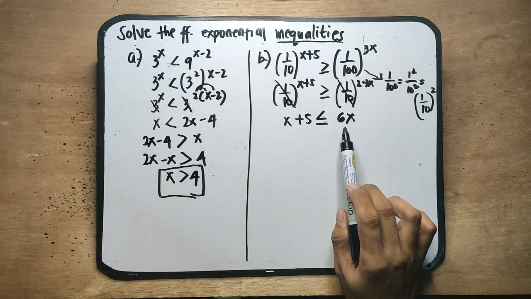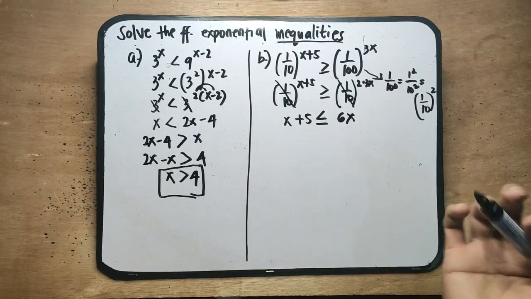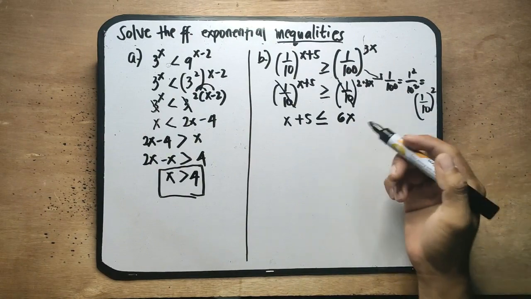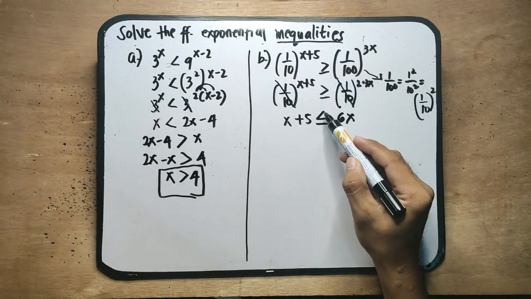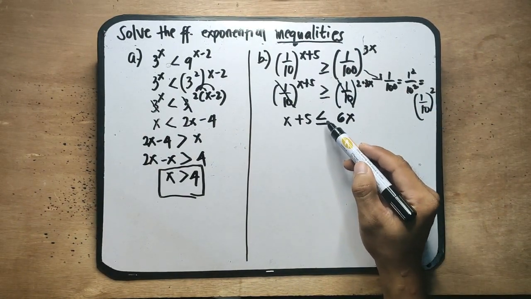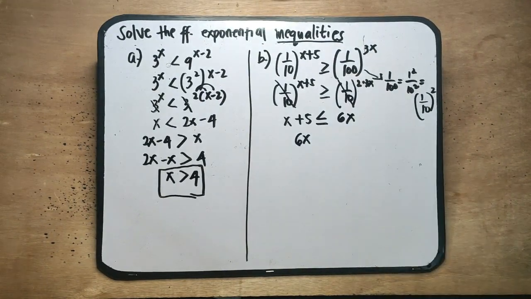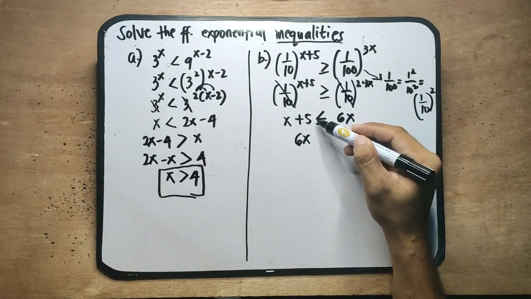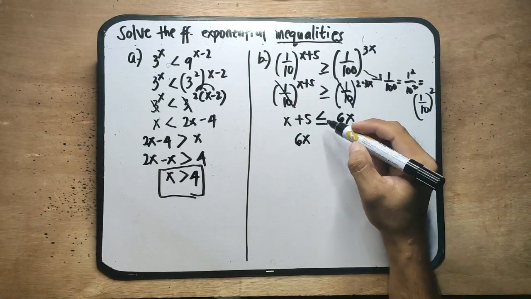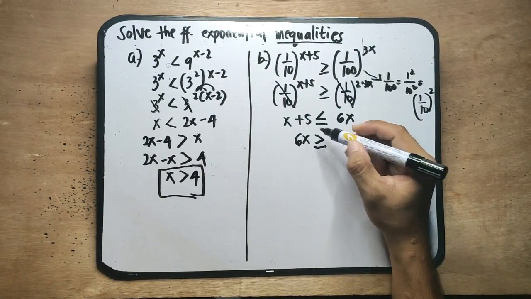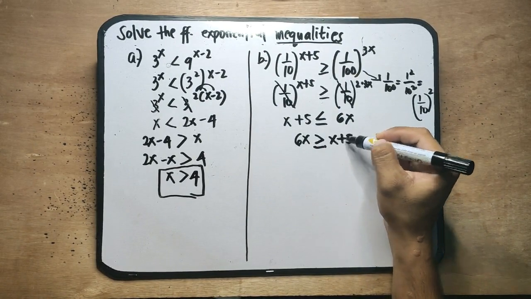Since mas malaki yung numerical coefficient ni x doon sa right hand side, we can swap their positions, and then baliktadin din yung inequality symbol natin. Si 6x mapupunta dito sa right, and then we reverse the direction of the inequality symbol, it will become greater than or equal to, and then x plus 5.